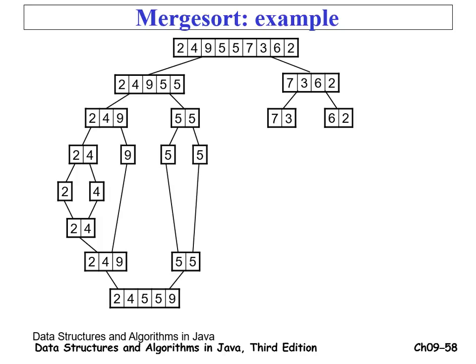What next? 7, 3. What next? No. According to algorithm, you have to finish this merge sort first before you start that merge sort. So in other words, 7, 3, you're going to merge first, become 3, 7.